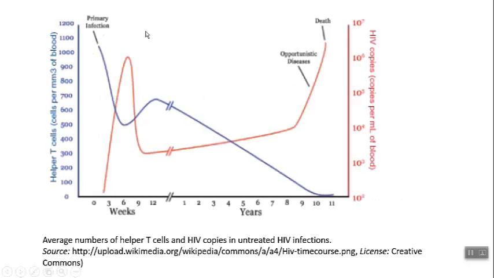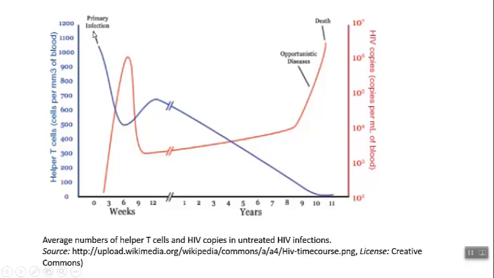Let's look at what happens with this graph. This graph tells very neatly how the T helper cells and the virus fight each other. The red line indicates the virus, and the blue line indicates our body's immune cells, the T helper cells.